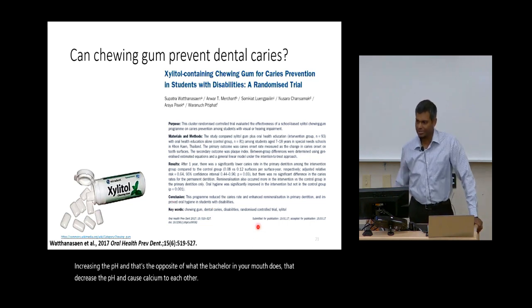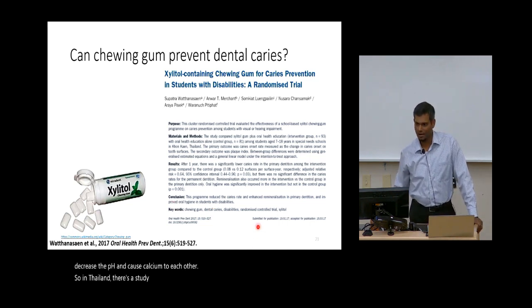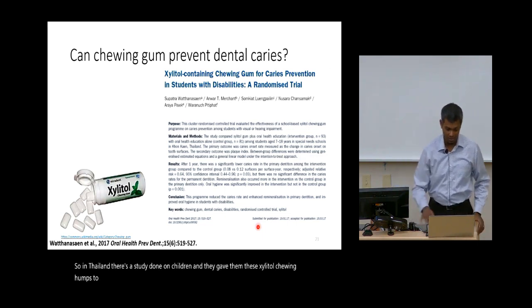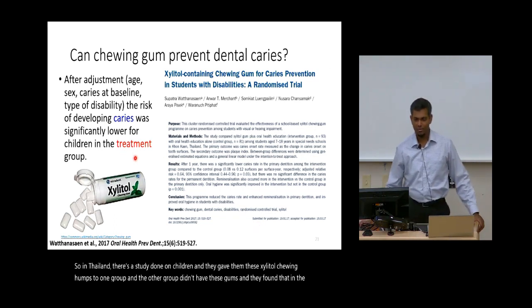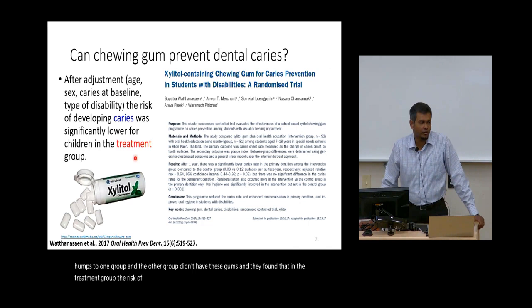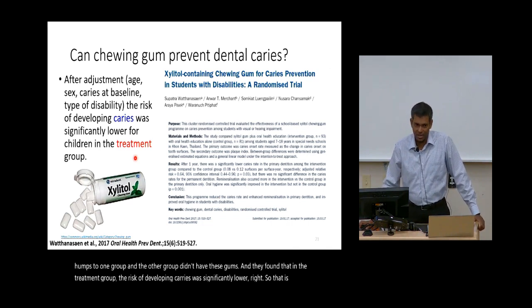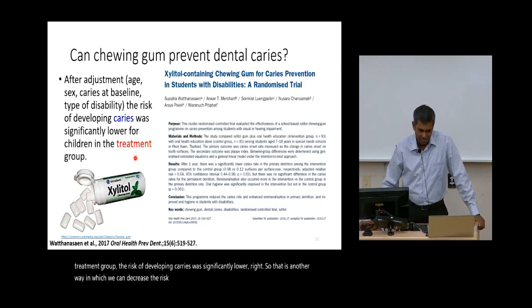In Thailand, a study was done on children, where one group was given xylitol chewing gums and the other group didn't have these gums. They found that in the treatment group the risk of developing caries was significantly lower. So that is another way in which we can decrease the risk of dental caries.